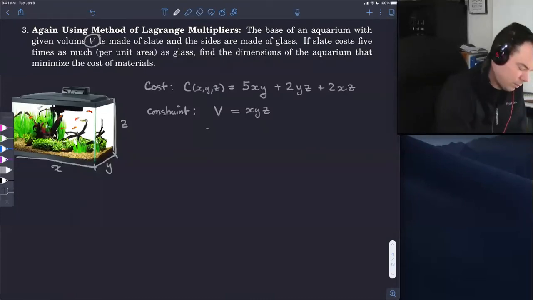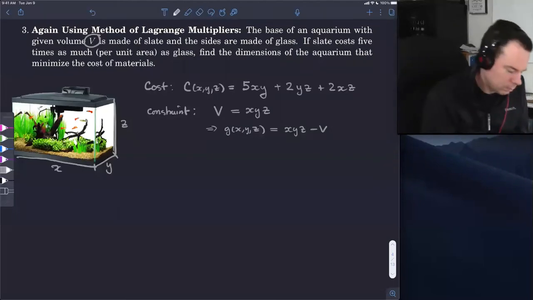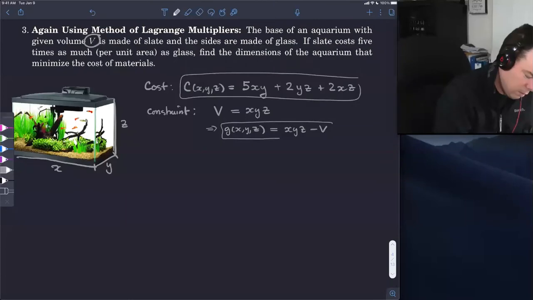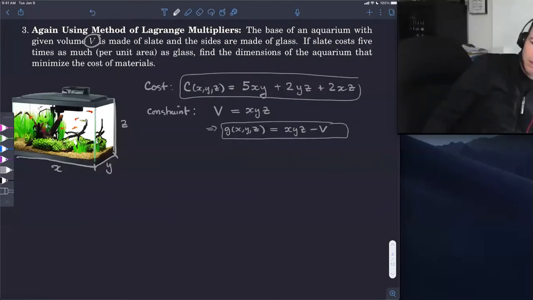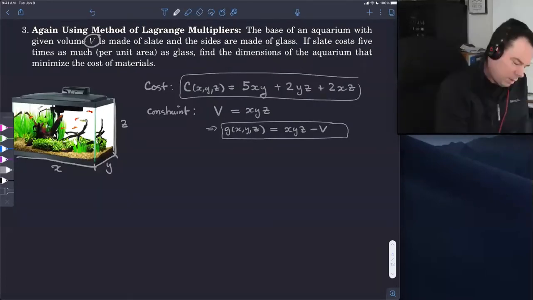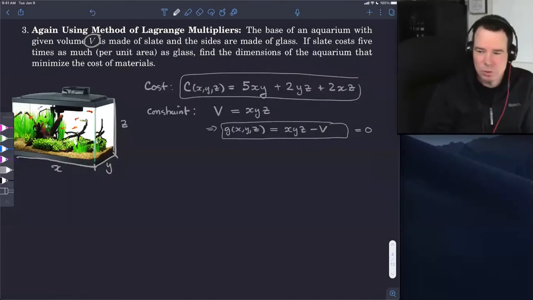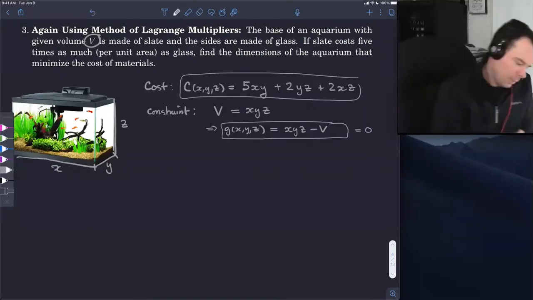Or in other words, g of x, y, z, which is our constraint function, is xyz minus V. So we've got our cost function, and we have our constraint. In particular, we're interested in when this constraint is 0. That's our level surface, where g is equal to 0. So there's our function g.